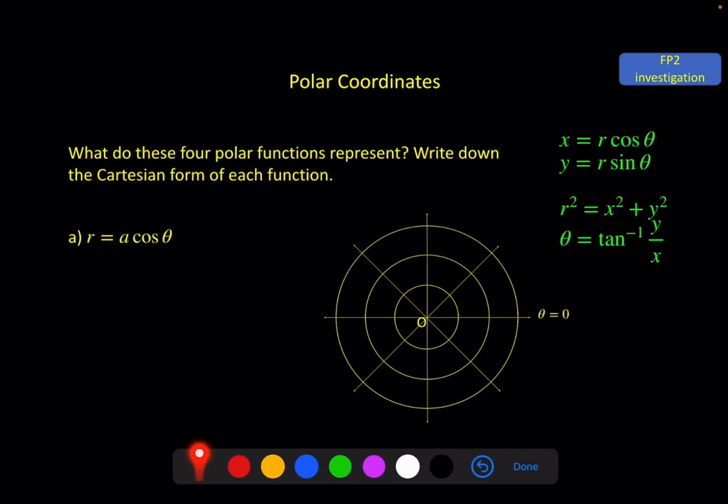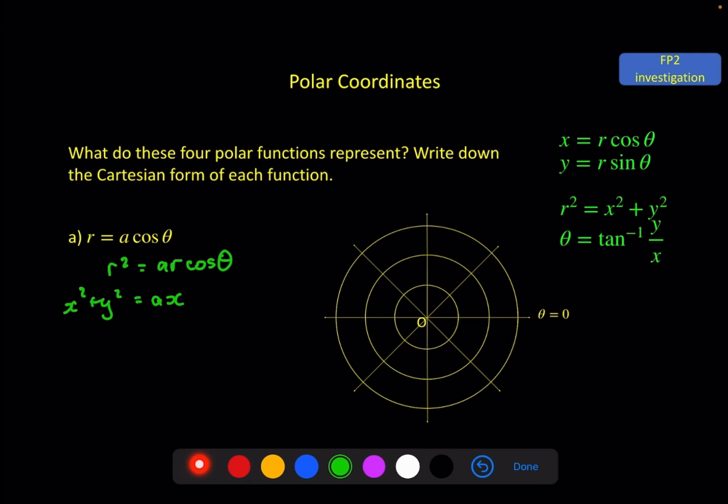What I want actually here is to multiply this whole equation by r to give r squared equals a r cos theta. I realize that's pretty much the same thing, but I can see now in one go that this will become x and this side will become x squared plus y squared. So we get x squared plus y squared is equal to a times r cos theta, which is x.